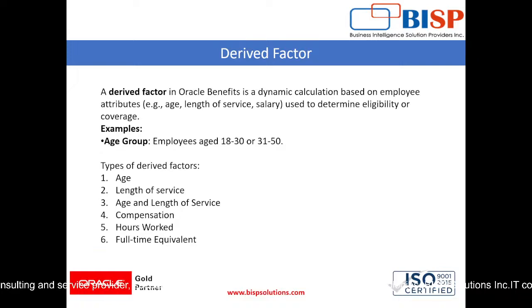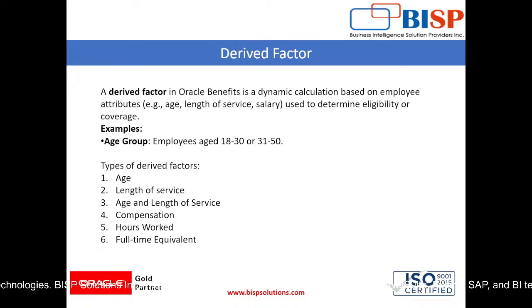So in derived factors, there are six types of factors you can derive, right? Age, length of service, like if you are creating some health insurance program, and if the length of service of a person is greater than, let's say, 1 year, then the person is applicable to take the insurance, right?